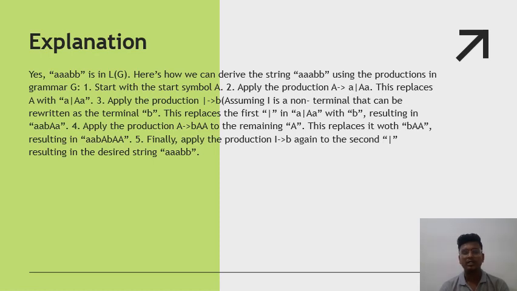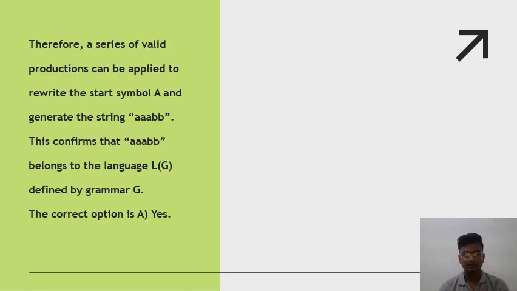to apply the production rules to the remaining A. This replaces the whole BAA, resulting in AAB, capital A, B, capital A. And finally, apply the production union implies B again to the second union, resulting in the described string AAABB.